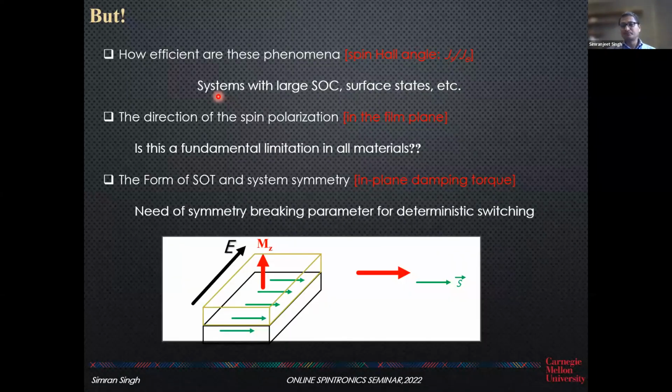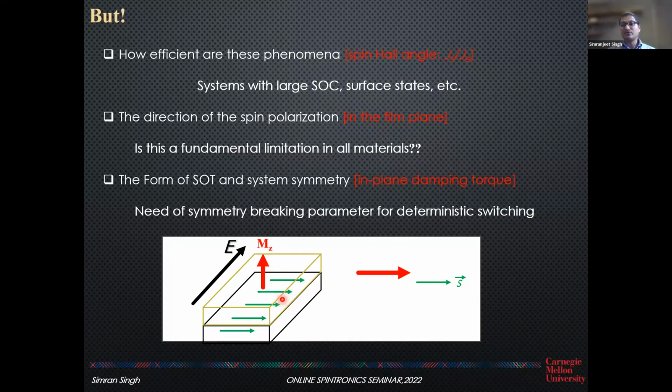For the sake of simplicity, you can take a spin source material on the bottom side. You can take a ferromagnetic material which has perpendicular magnetic anisotropy, where the magnetization is stable either up or down.